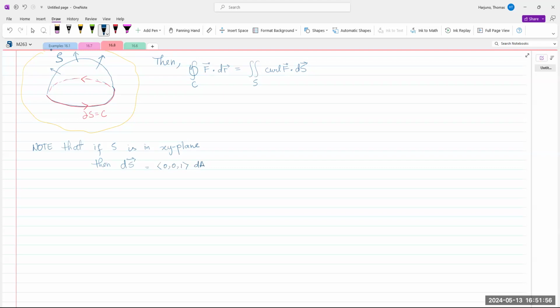I wonder if you remember this, our dS. What does our dS stand for? Our dS stands for the normal vector of dS, right? And if that n is unit, then we can say this is n dA.